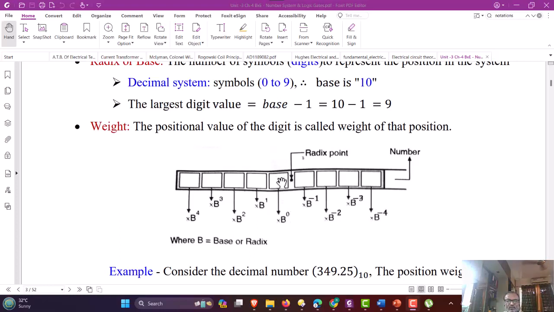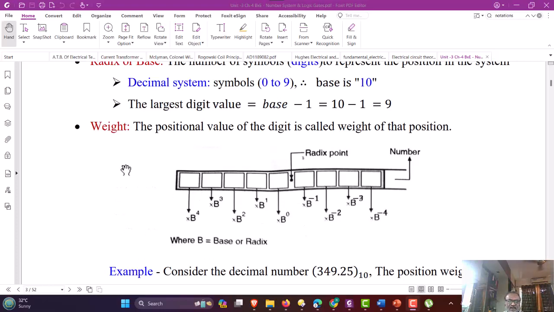We are calling it unit position. The first position is b raised to 1, that is 10 raised to 1, means 10. The weight of first position is 10. Weight of second position is 10 raised to 2. Weight of third position is 10 raised to 3. And weight of fourth position is 10 raised to 4, and so on. That is in decimal system.